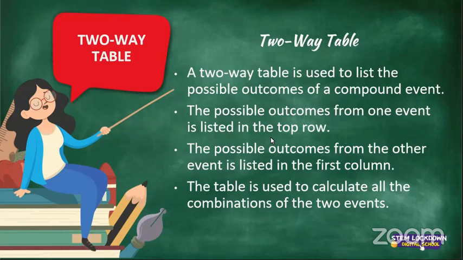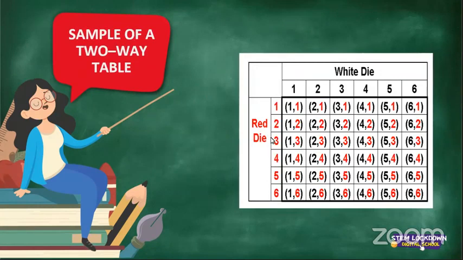Okay, guys, here we have a two-way table with the outcomes of if we take two dice and we roll them. How many sides does one die have? Anybody? How many sides?